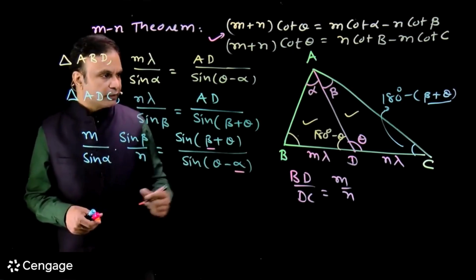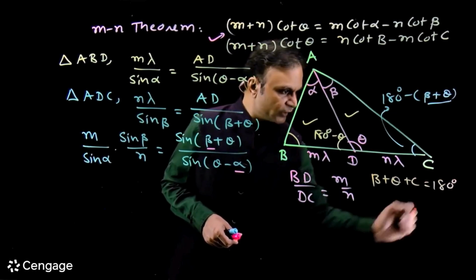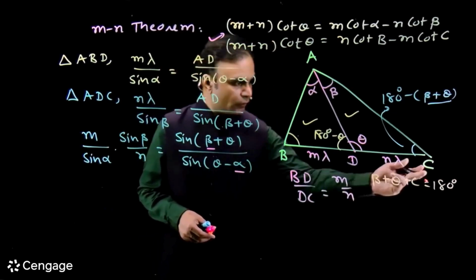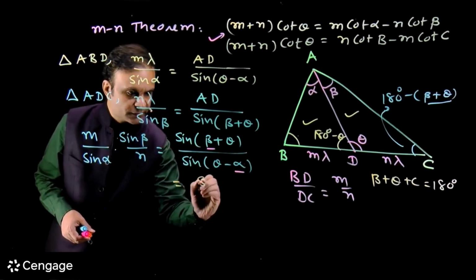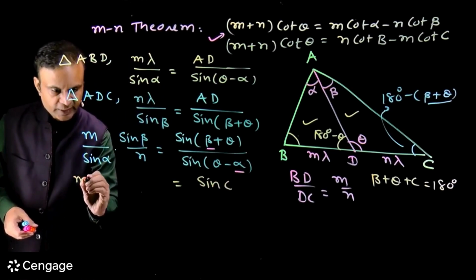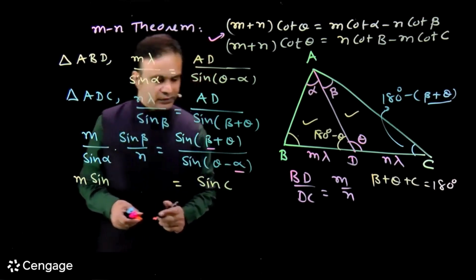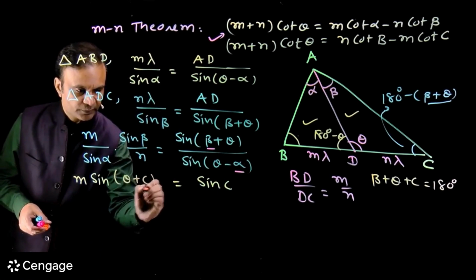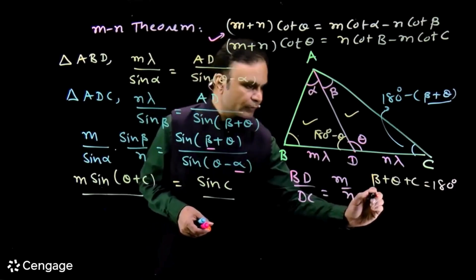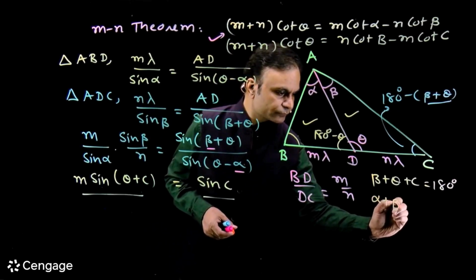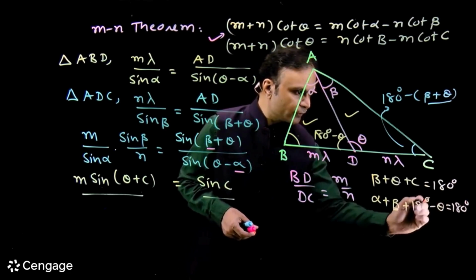Now in triangle ADC we have beta plus theta plus C equal to 180 degrees. So beta plus theta is 180 degrees minus C. Sine of 180 degrees minus C is sine C, and here we have m multiplied by sine of beta, which is 180 degrees minus (theta plus C), so sine of theta plus C. Now in triangle ABD we have alpha plus B plus 180 degrees minus theta equal to 180 degrees.